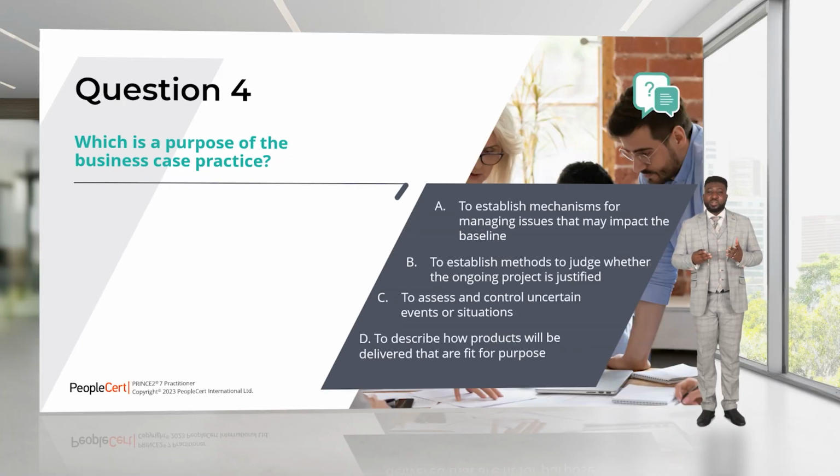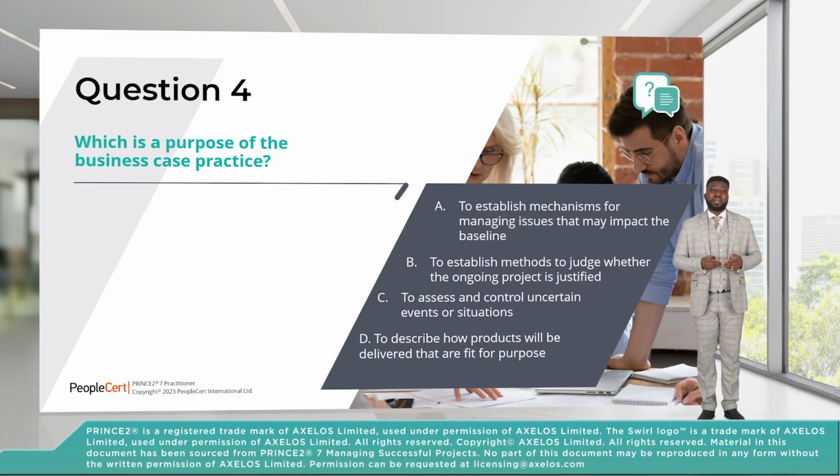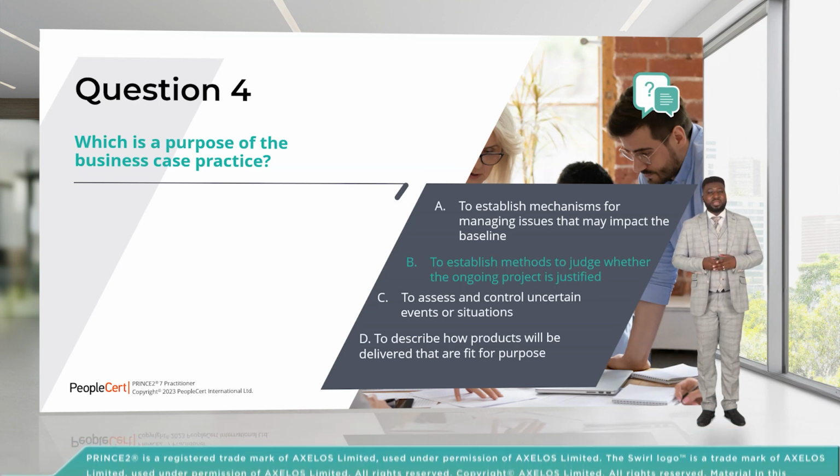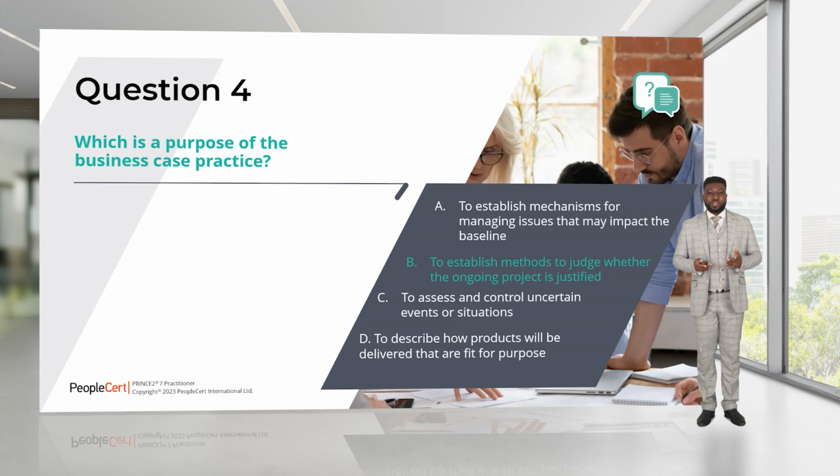B says to establish method to judge whether the ongoing project is justified. That's business case. And if you want to wrap it up, A says to establish mechanism for managing issues that may impact the baseline. That's your issue practice. So therefore, B is our right answer. To establish method to judge whether the ongoing project is justified.